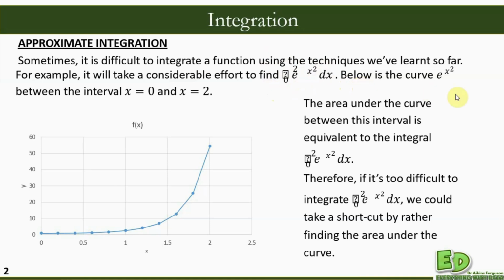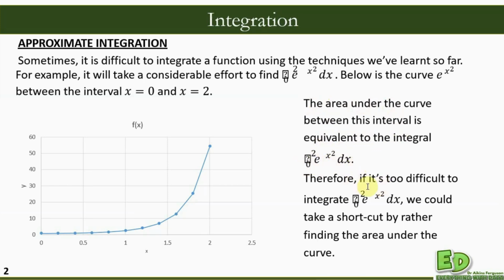Below is the curve e to the power x squared between the interval 0 lower limit, 2 upper limit. The area under the curve between this interval is equivalent to the integral from 0 to 2 of e to the power x squared dx.